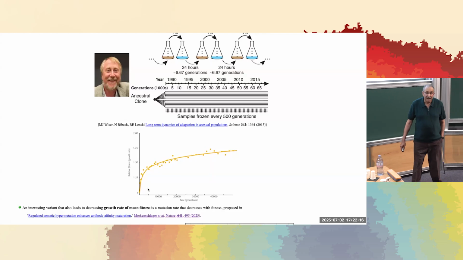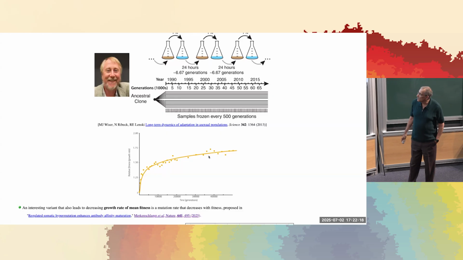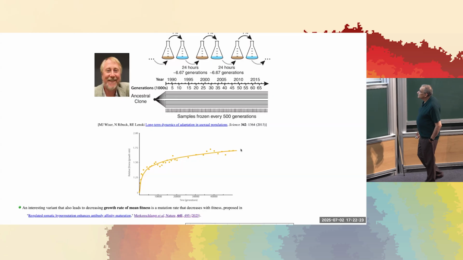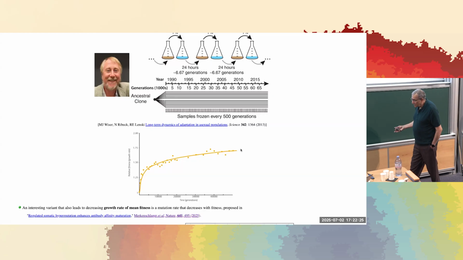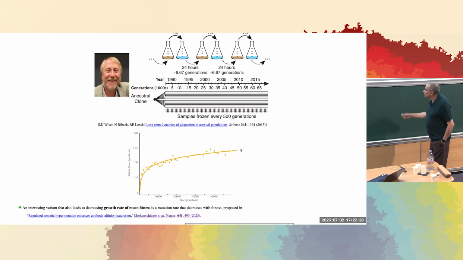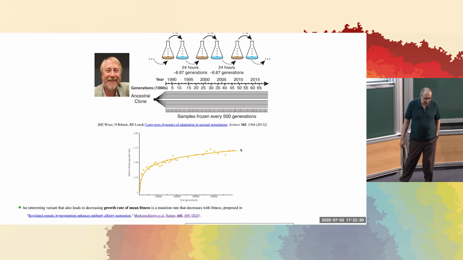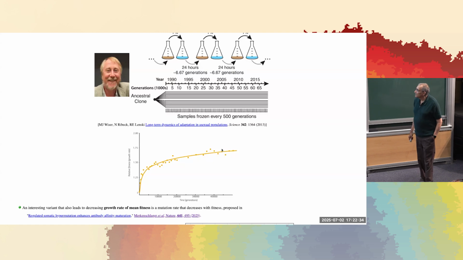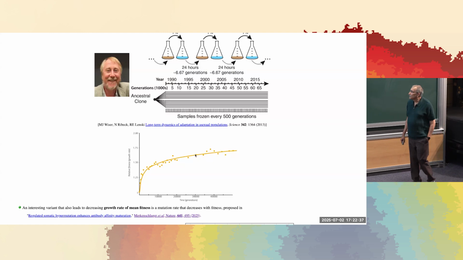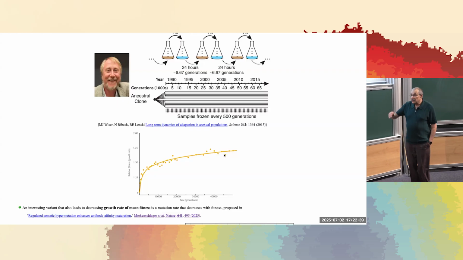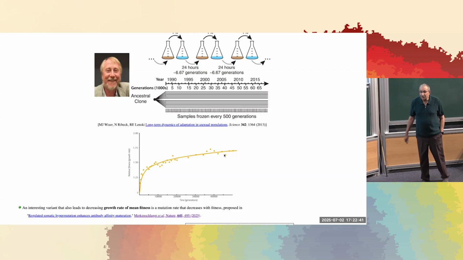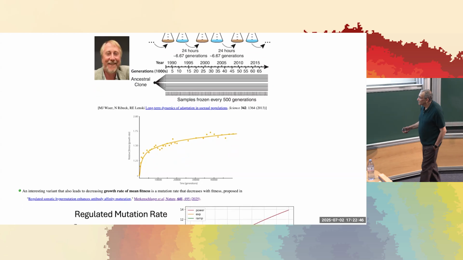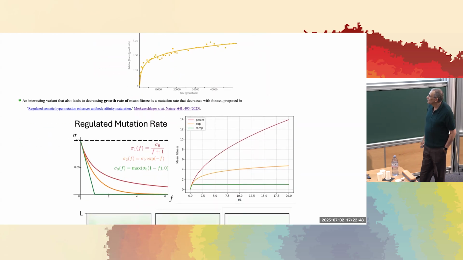This is a plot of the average fitness. It keeps growing, but it's kind of slowing down. So it's a different type of process that is going on. I don't know what is causing this, but my guess is that if one were to look at the distribution of fitness, as long as the fitness is increasing, there will be some kind of skewed distribution. I don't think it will be Tracy-Widom because it's not a one-dimensional system, but it probably will be a skewed distribution.